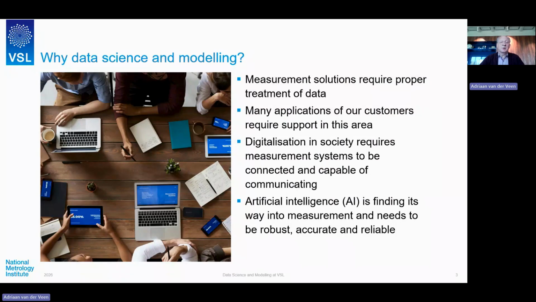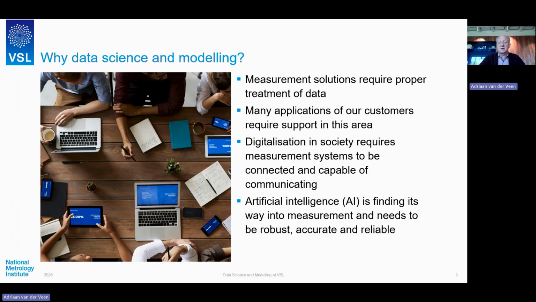Why a webinar about data science and modeling? Well, measurement solutions require a proper treatment of data. Many applications of us and also of our customers require support in this area. Digitalization is, of course, a recurring topic, and that requires measurement systems to be connected and capable of communicating with each other.